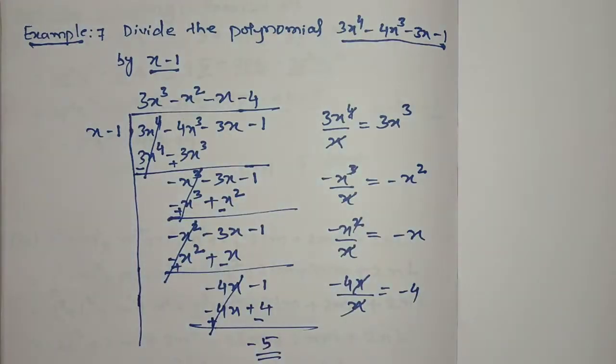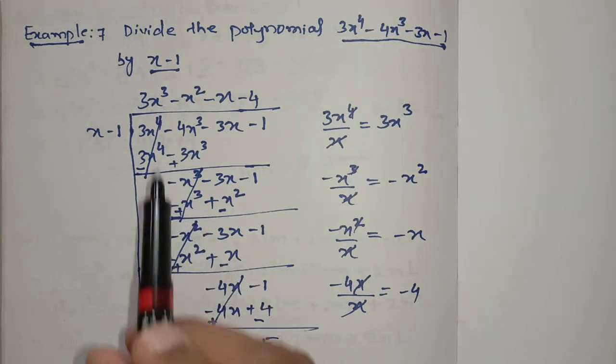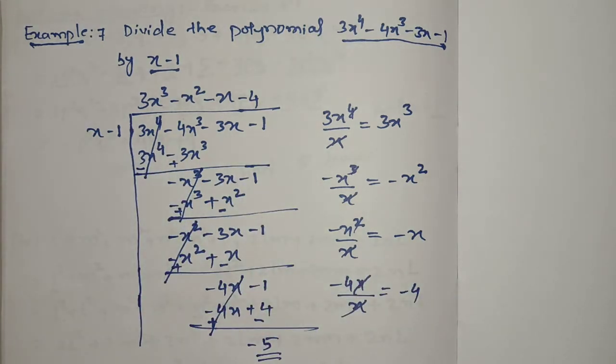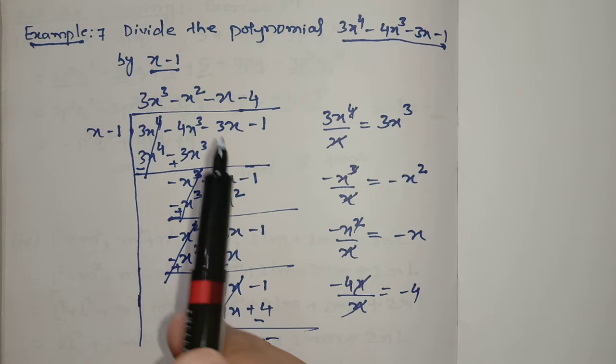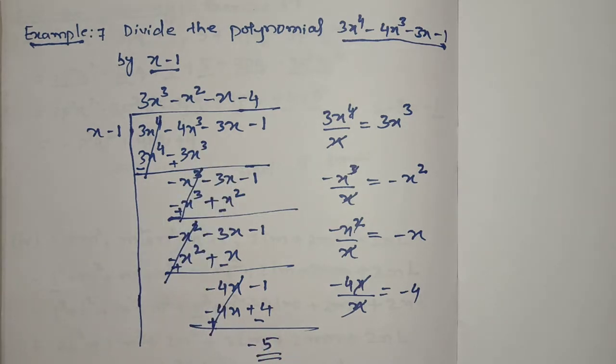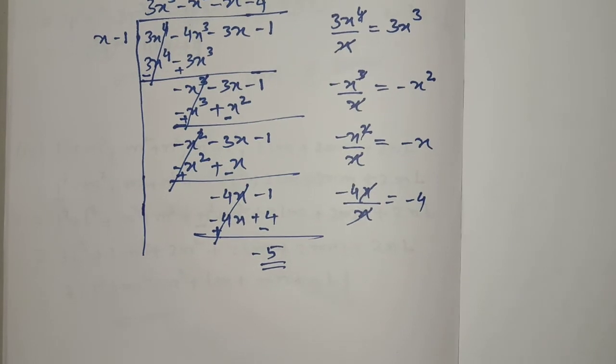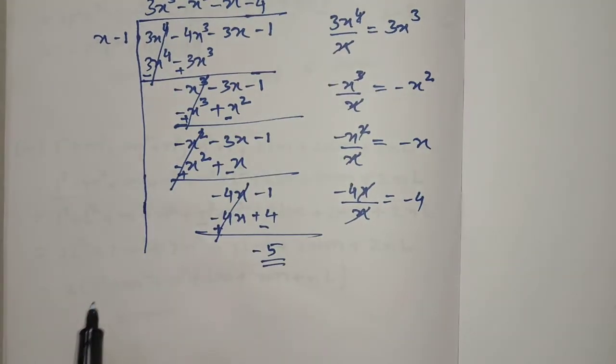So we have divided it. Now we'll write the remainder, quotient, dividend and divisor all here, so we'll know which is the dividend, which is the divisor, which is the quotient and which is the remainder. Let's write it. First I will write the dividend.